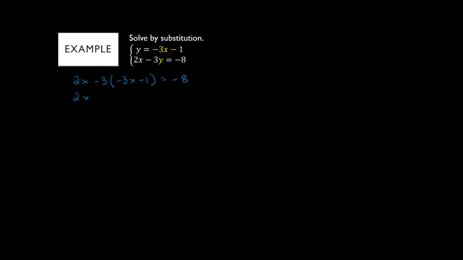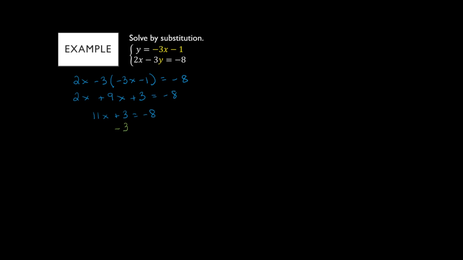So I have 2x, and then -3 times -3 is a positive 9, so I get plus 9x. Then -3 times -1 is a positive 3, and then this equals -8. 2x plus 9x is 11x, so we get 11x plus 3 equals -8.